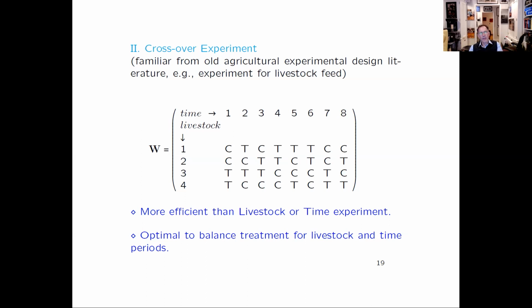And so we may only switch them every day or every week, and use some time to let the animal get used to the different feed. So we wouldn't make the time periods very small, because there would still be concern about spillovers. But if these time periods are big enough, those spillovers would be viewed as ignorable.